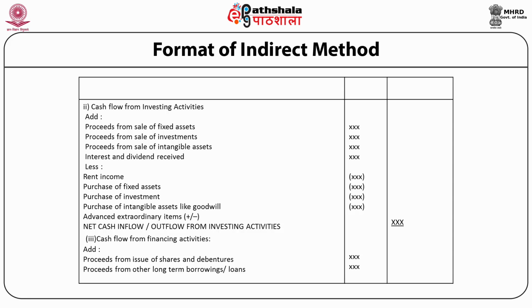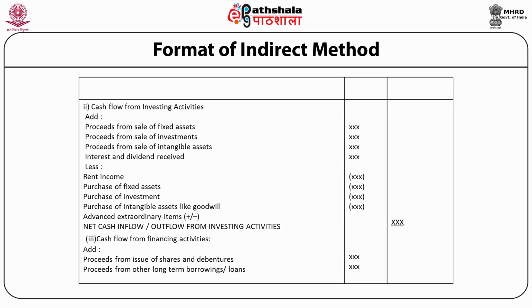Will deduct rent income, purchase of fixed asset, purchase of investment, purchase of intangible assets like goodwill, and will adjust extraordinary items. This will give us net cash inflow or outflow from investing activities.